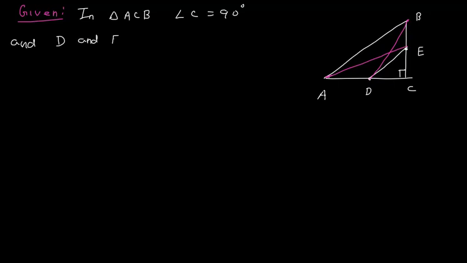So, this is AE and this is BD. So, you can write given. In given, you will say that in triangle ACB, angle C is 90 degree and D and E are 2 points on AC and BC respectively.